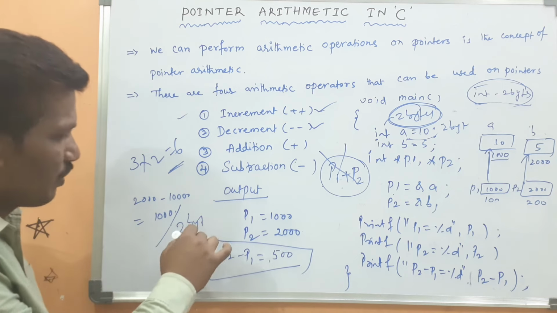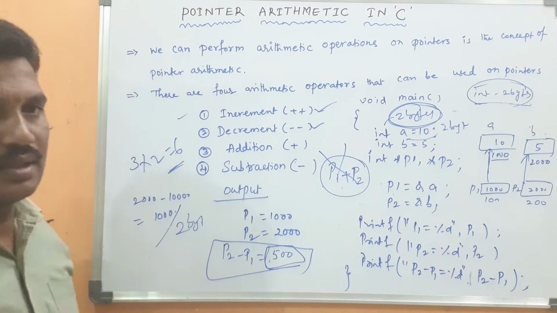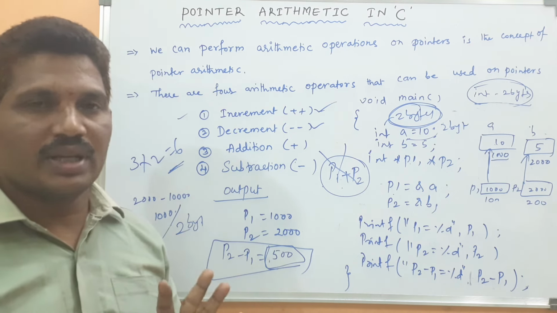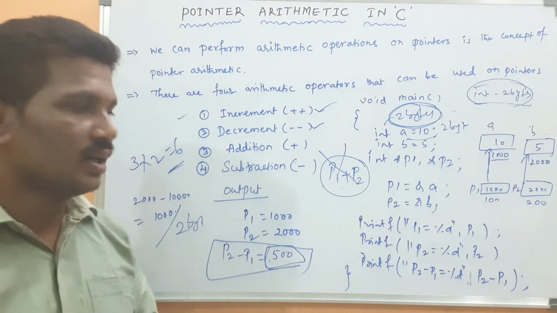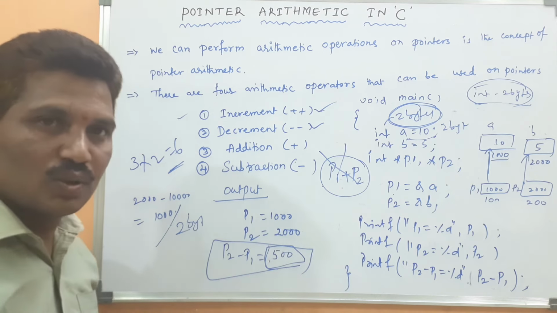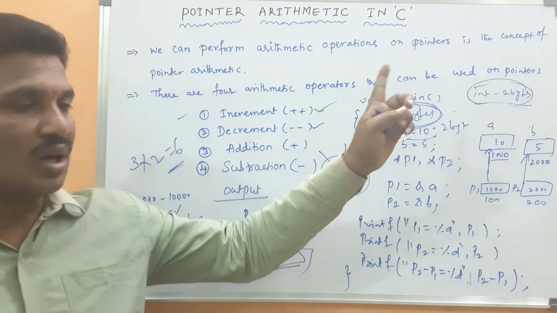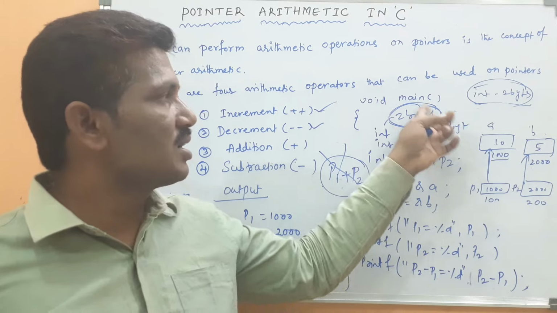Okay, then 1000 by 2, then the answer we get is 500. Please be careful. Okay, how will two pointers be subtracted? The actual answer 2000 minus 1000, 1000, is not the answer.